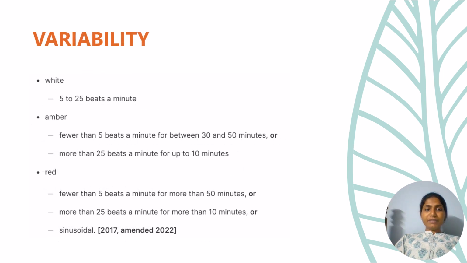Next, coming to variability. 5 to 15 belongs to white; less than 5 for 30 to 50 minutes, or more than 25 for up to 10 minutes, is in the amber category; and in red, there is less than 5 beats per minute for more than 50 minutes, or more than 25 beats per minute for more than 10 minutes, or a sinusoidal heart pattern. So these are all red signs.